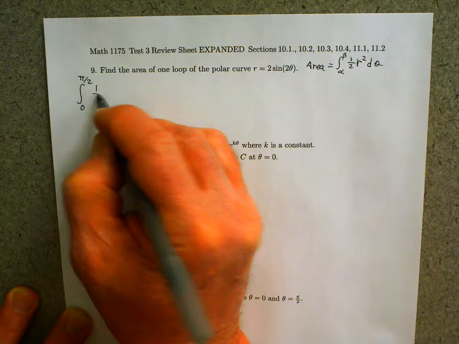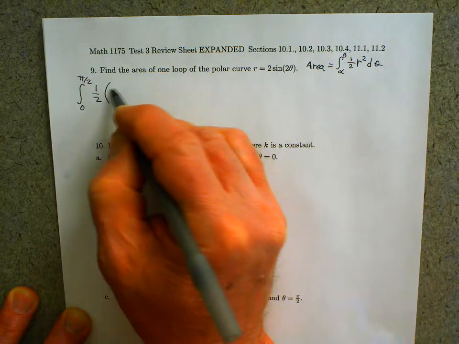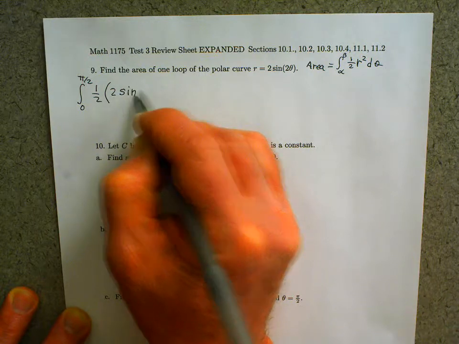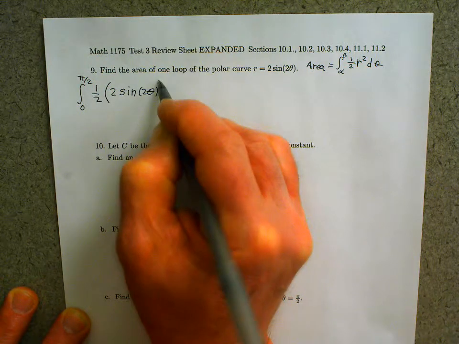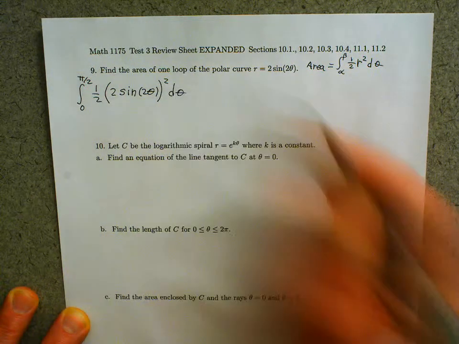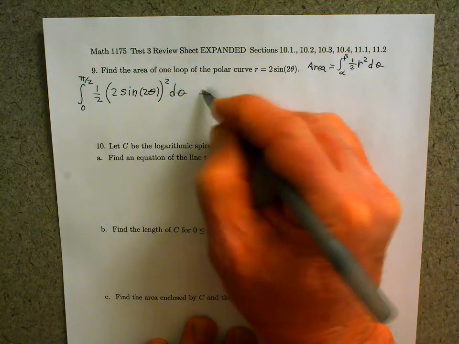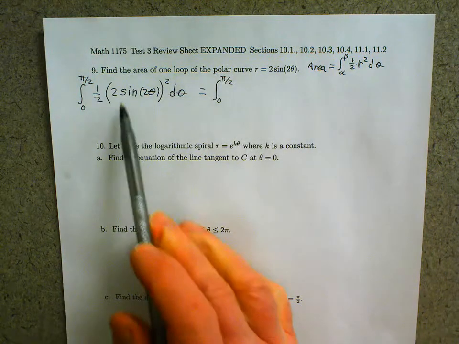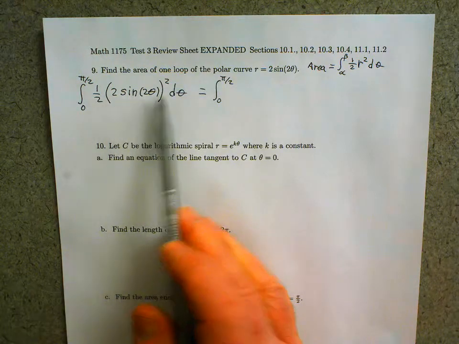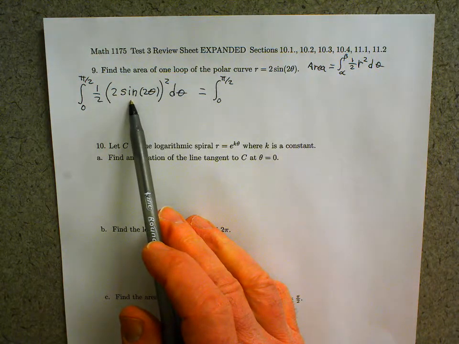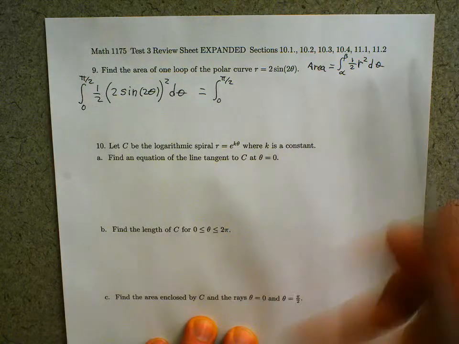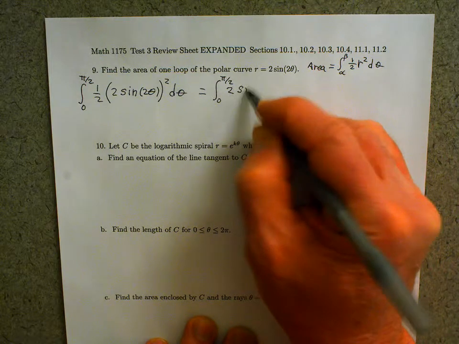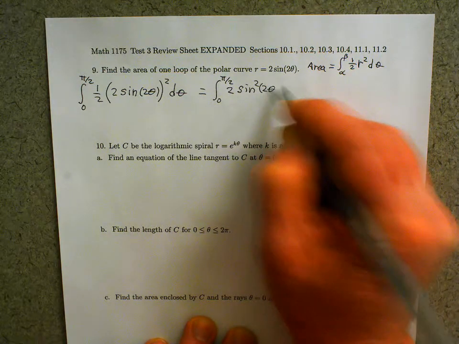So we have 1/2, and then we're going to square what r is. We're squaring the quantity 2 times sine of 2 theta. When we square 2 times sine of 2 theta, we'll get 4 times sine squared of 2 theta, and then times 1/2, that will give us 2 times sine squared of 2 theta.